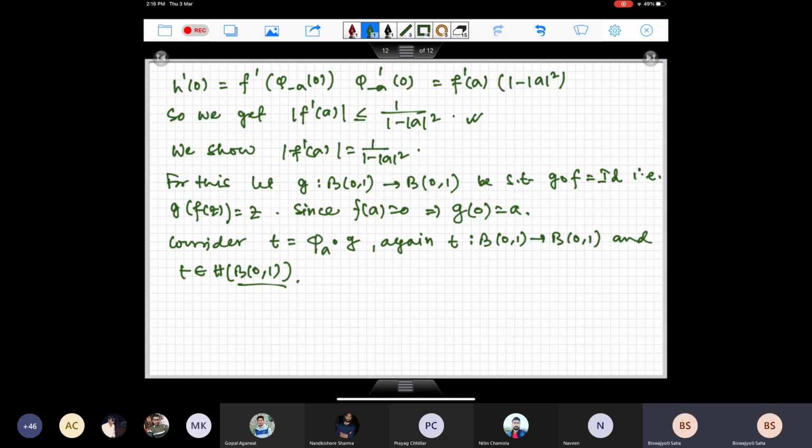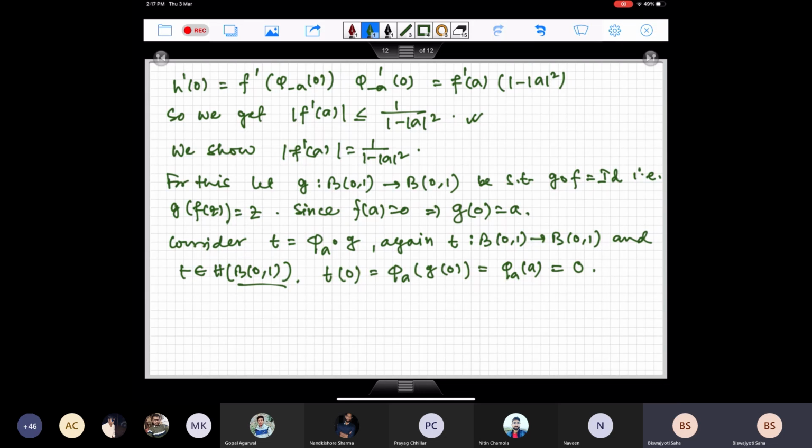And moreover, as I said, I am composing a function to neutralize the effect of that particular function and bring it to the identity function or a constant times identity. So what is T of 0? T of 0 is phi A of G of 0, and G of 0 we just saw is A, so phi A of A, and phi A is defined so that at A this is equal to 0. So T at 0 is also equal to 0.